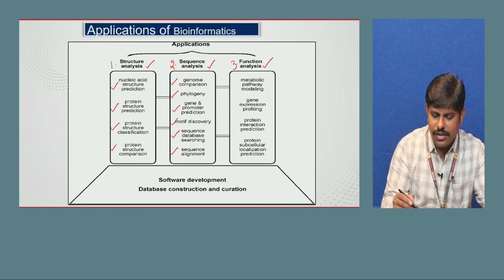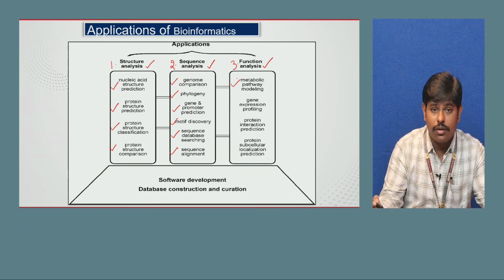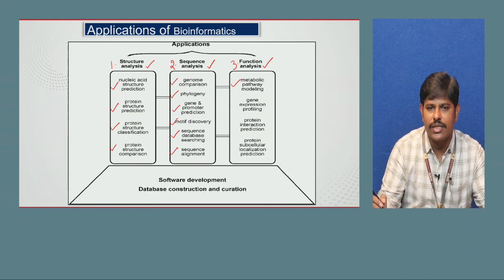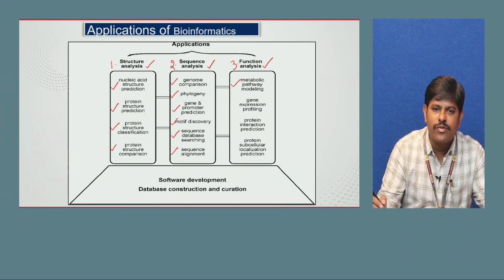Function analysis, the third kind of analysis, involves metabolic pathway modeling. If you take a simple organism such as E. coli, there are about 200 metabolic pathways, and in complex organisms such as human beings, there are thousands of metabolic pathways.